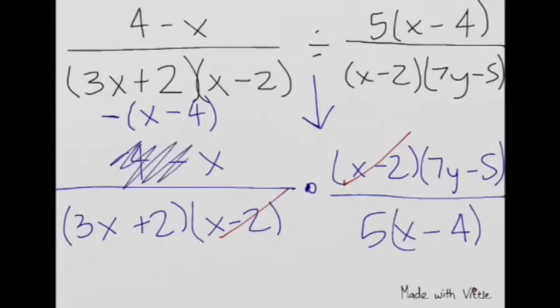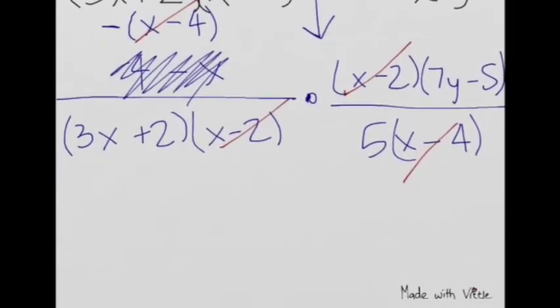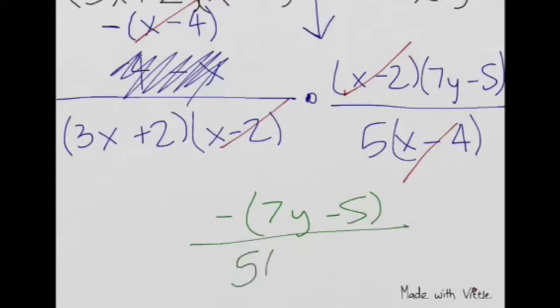That way it's flipped. So cross these ones out. Then from that we know that our answer is negative 7y minus 5 over 5 times 3x plus 2.